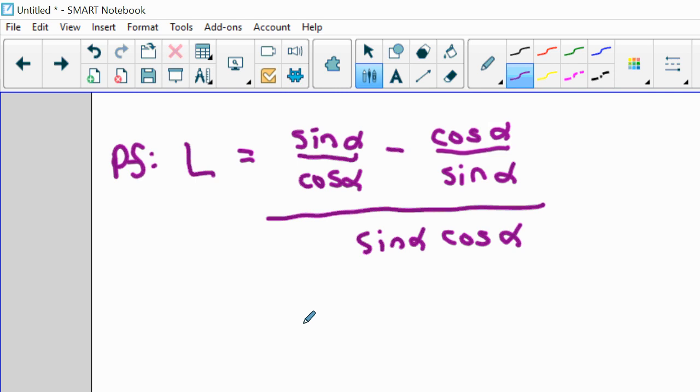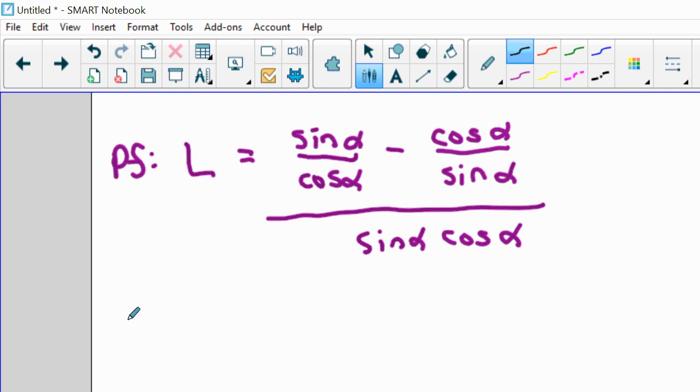Now, since I've switched everything to sines and cosines on the left, I'm going to go 1 over cosine. Whoa, something happened there. 1 over cosine squared alpha minus 1 over sine squared alpha. Now, as I say, I'm the crisscross applesauce freak.